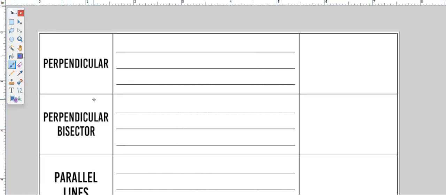Which is how we look at lines and how they work together. So remember I talked about segment bisectors. Well, sometimes we have lines that are perpendicular to each other. So now we're looking at things that intersect each other, okay? Perpendicular lines are two lines that intersect at a 90-degree angle. And this is important. Just because they intersect doesn't make them perpendicular.